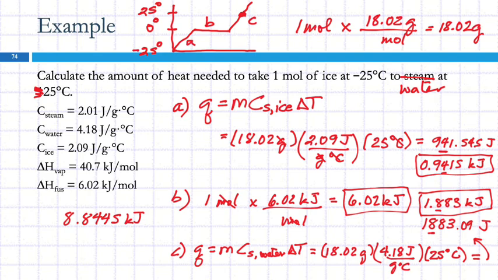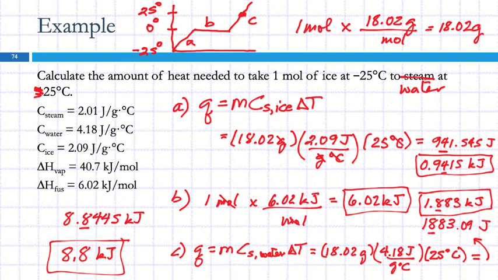And here I'm adding, so I'm looking for the number with the fewest decimal places. This one has 2 decimal places, this one has 2, this one has 1. So this is going to be limited to that decimal place, 8.8 kilojoules of energy to warm up the ice, melt it, and heat it up to room temperature.